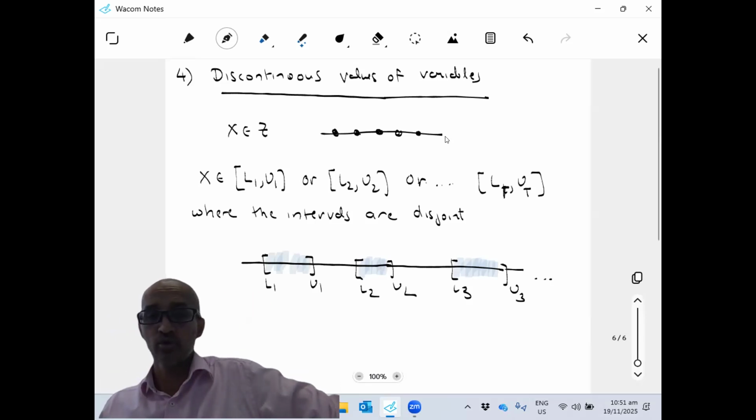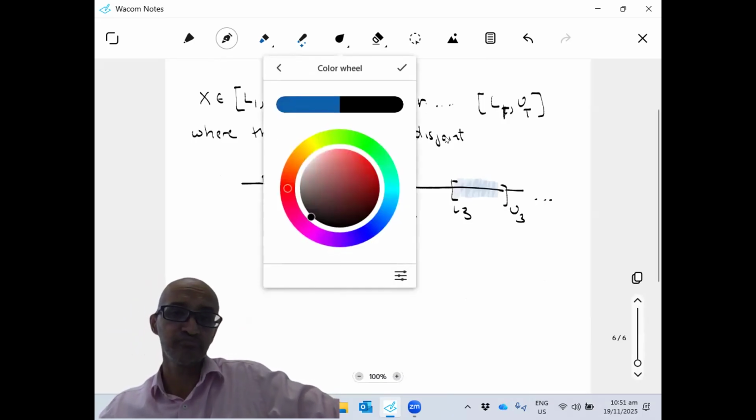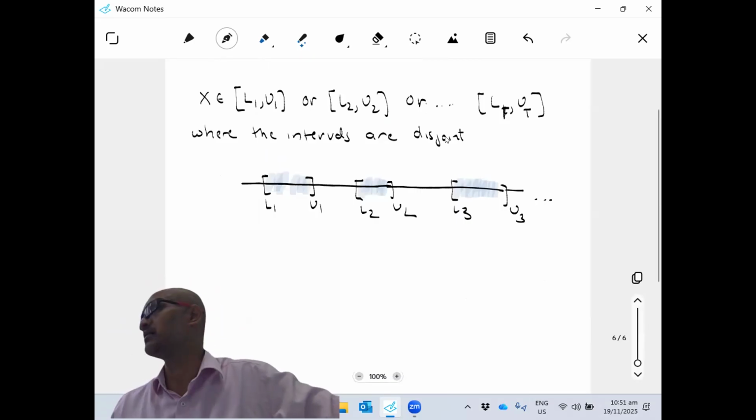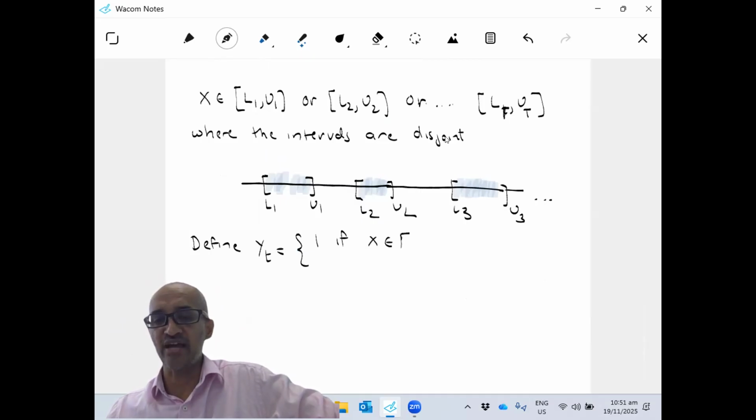This can be beautifully captured using integer programming too. How do you capture this? You will do the most natural thing, which is to define a binary variable for each interval. Define yt to be 1 if x lies between LT and UT, and 0 otherwise, which means x doesn't take values in this set.